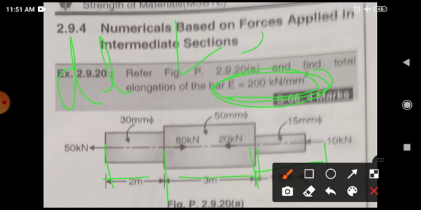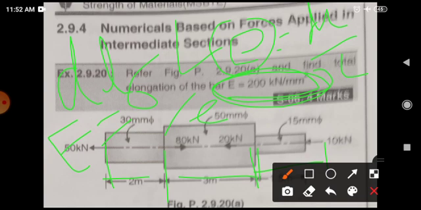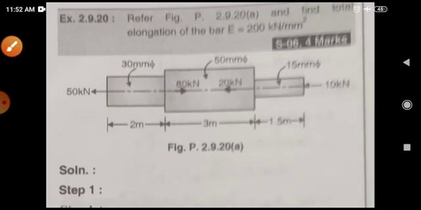So E is what? Stress upon strain, DL upon L. And what is the relation between E and sigma? This is the relation which I have put on the screen. The problem is not difficult, you just have to repeat the same procedure 3 times. Let me explain again.